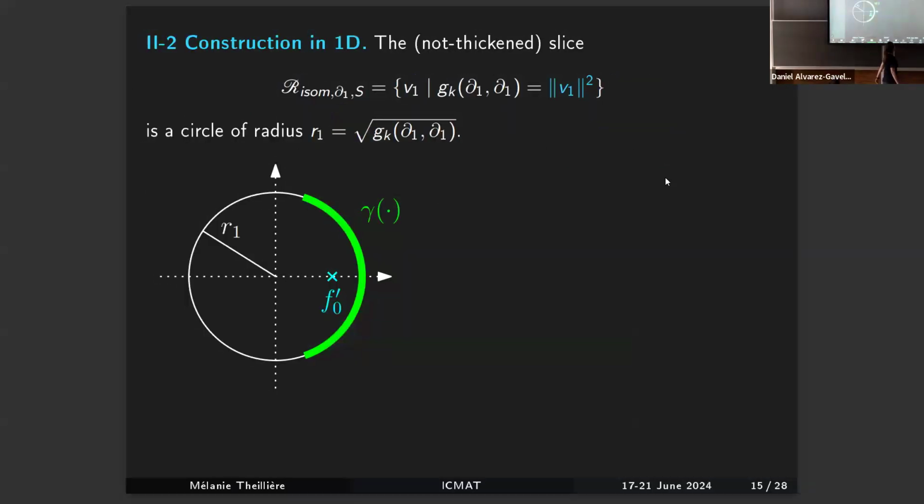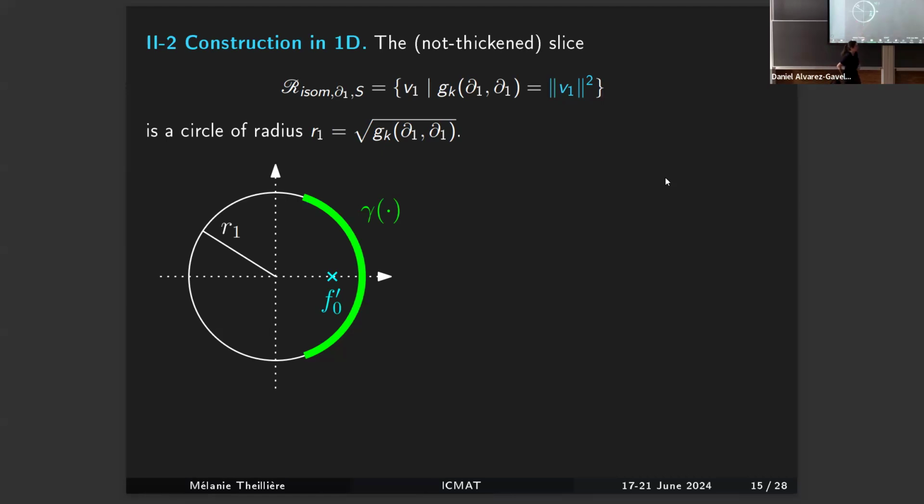Okay, so let's try in one dimension for curves. Here I just forget a bit the error, the thickening. The slice for isometric map for curves is given by all partial derivatives such that the norm of this partial derivative equals something given by the intermediary metric. So the slice is the circle here of radius R1, and we have to take a loop which belongs to the slice and whose average equals the derivative we want to modify.